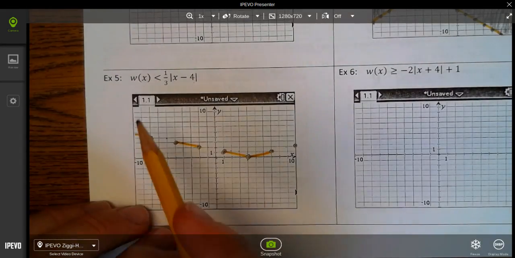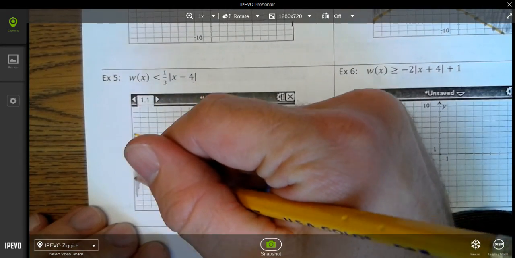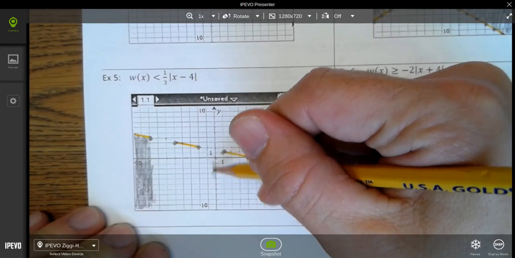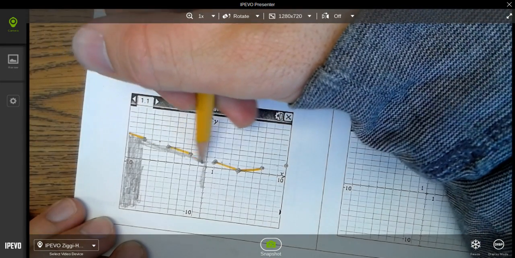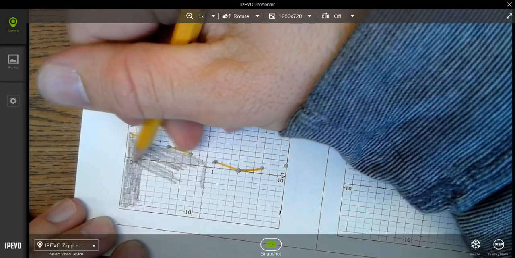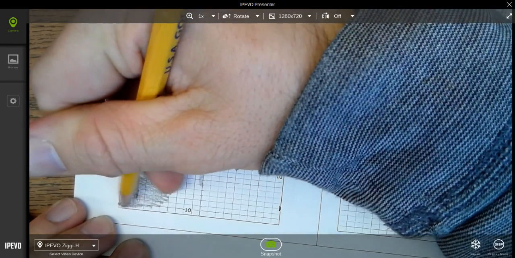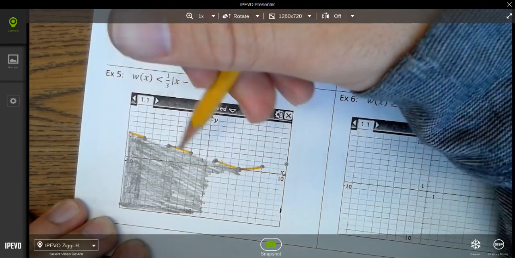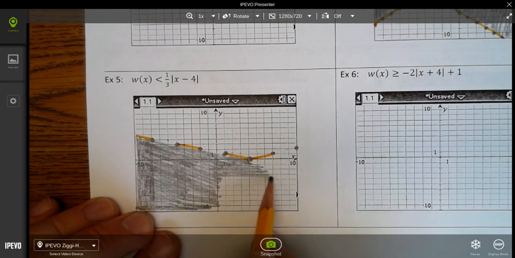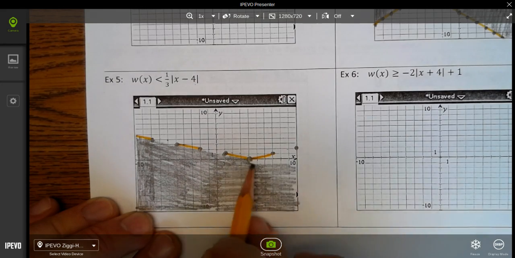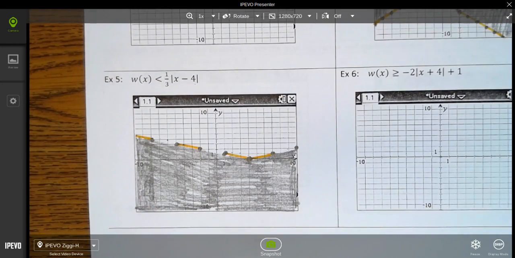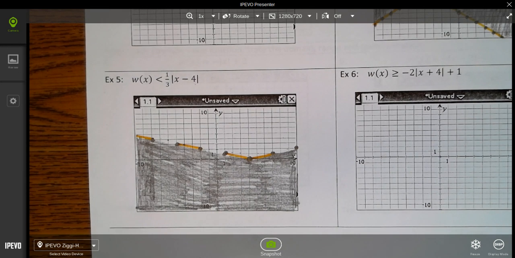Since it's w of x less than, we shade below. There you go. All right, and so I'm going to leave example 2, example 3, and example 6 for you to try.